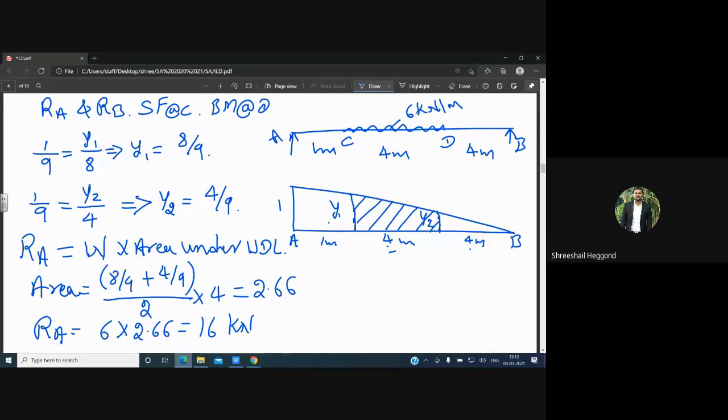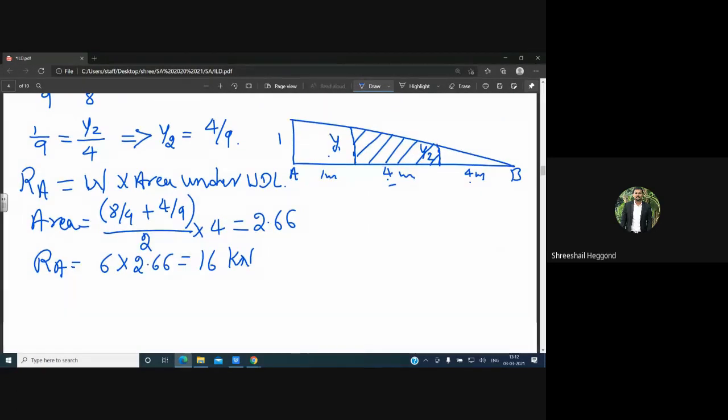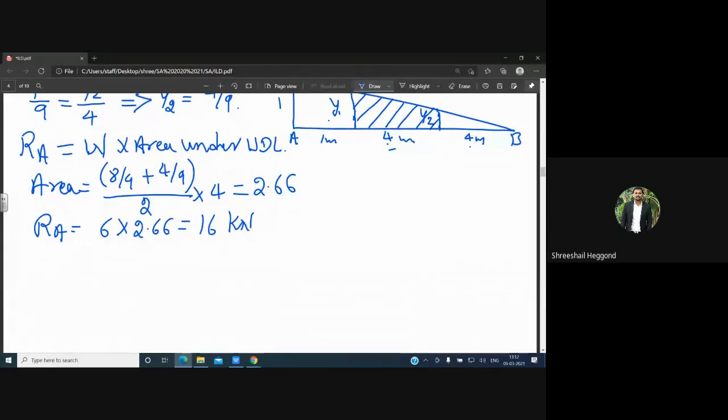Once RA is done, similarly we calculate RB. Calculate for RB and tell me the answer, how much it will be. For RB, the influence line can be drawn with a maximum of 1, and y1 and y2 we can write.